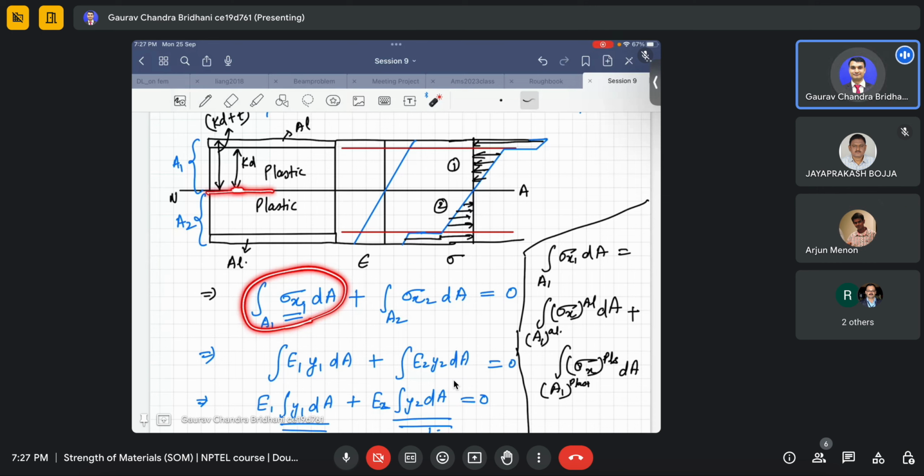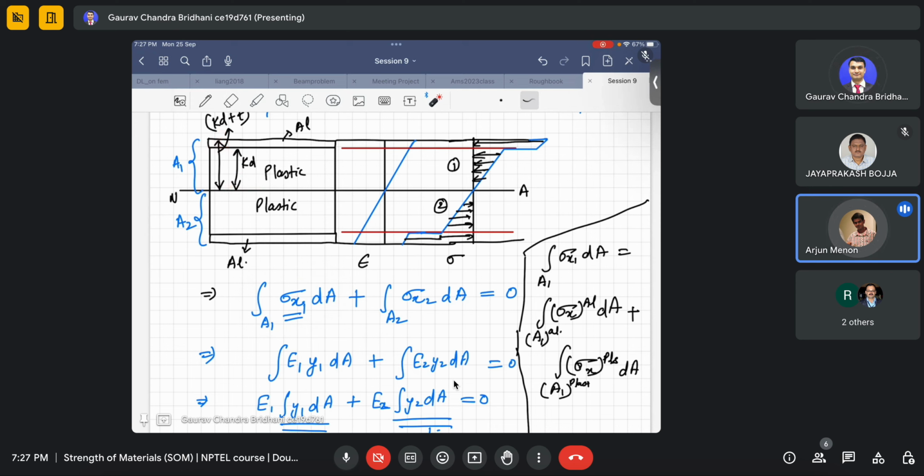This plane is 0 and it will vary till kd for the plastic part. For aluminum it will vary from kd to kd plus t. T is already known, the aluminum thickness is given. D is also known. Only the quantity K is unknown.